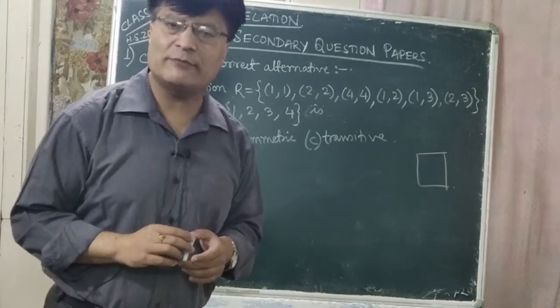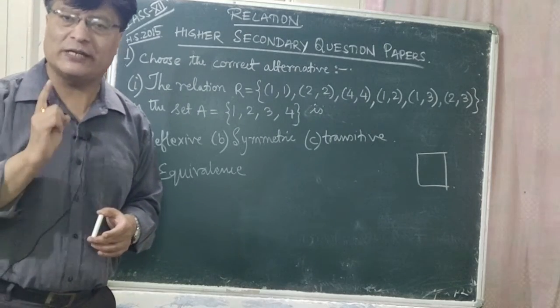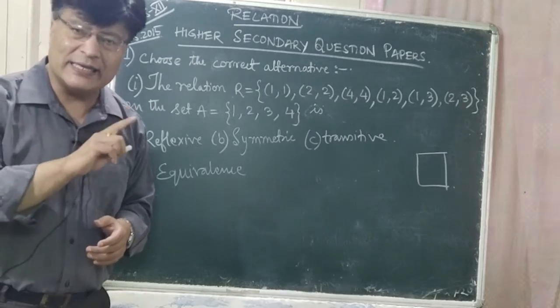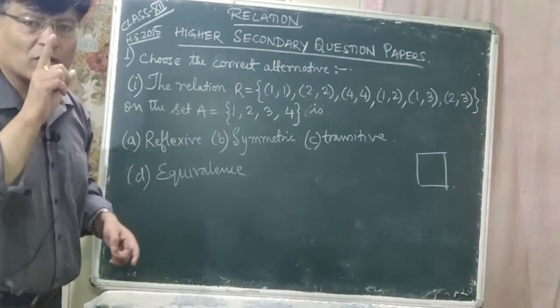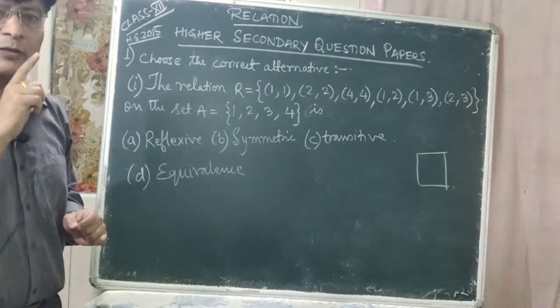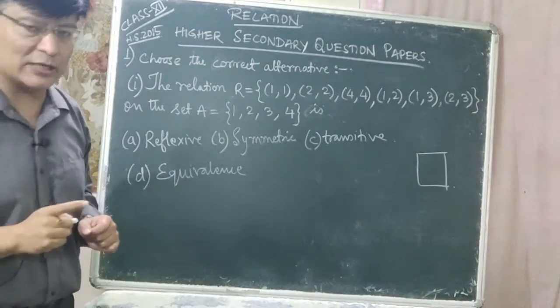So what is a reflexive relation? A relation on a set A is said to be reflexive if (a, a), that is a related to itself, belongs to the relation R for all small a belonging to the set A. Is that clear? So (a, a) should belong to the relation R for a reflexive relation.